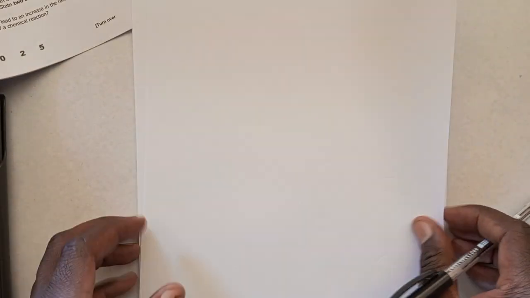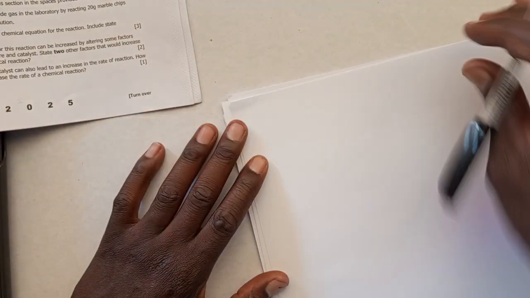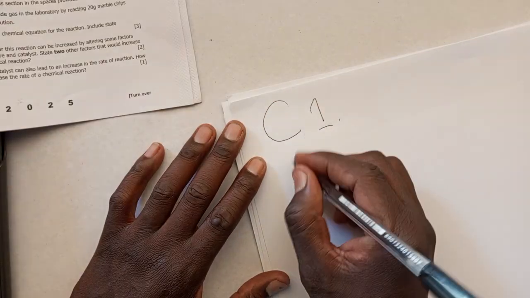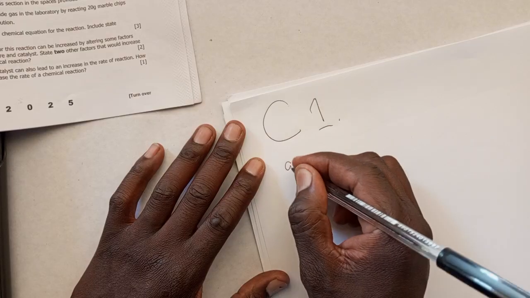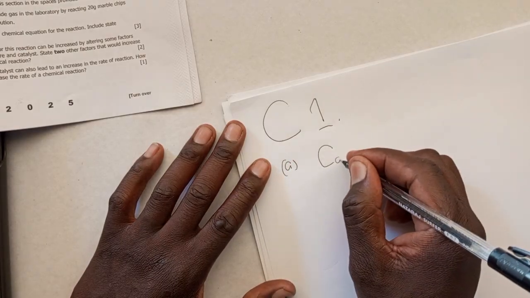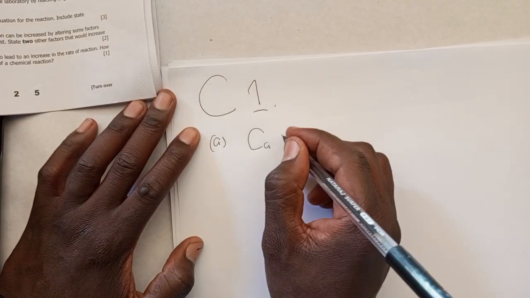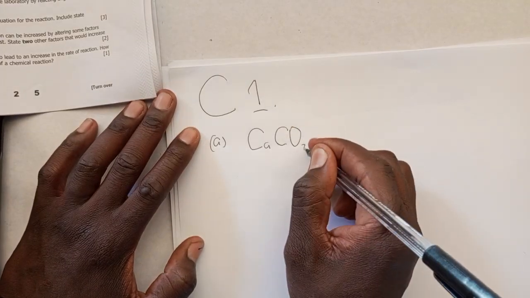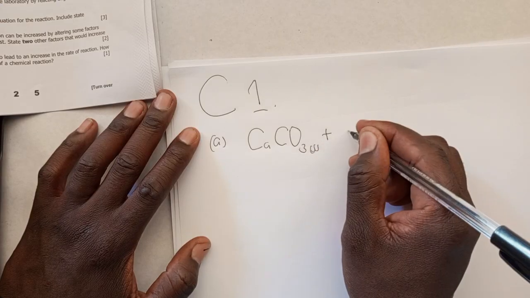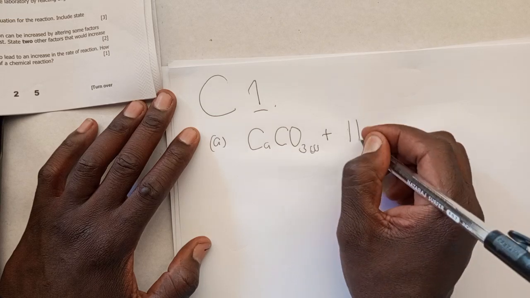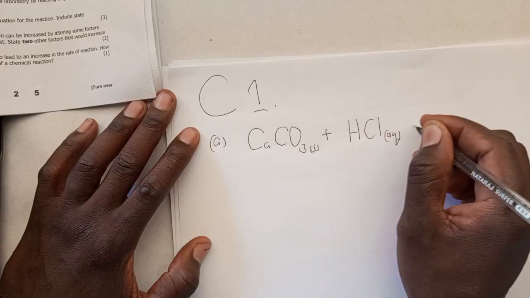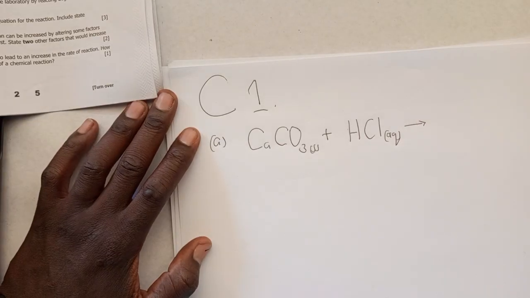So in this case, this is C1, question A, we are going to say calcium carbonate, which is a solid, plus hydrochloric acid, which is always in aqueous solution, to give you three products.